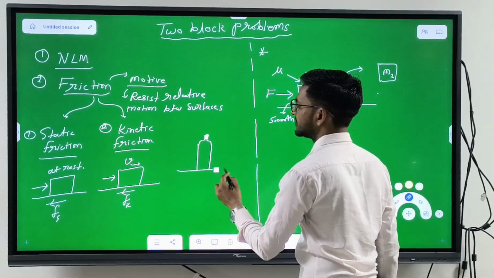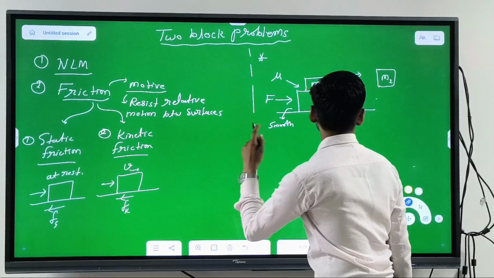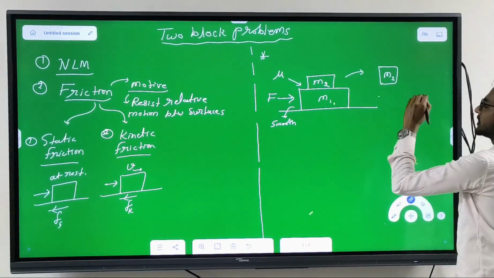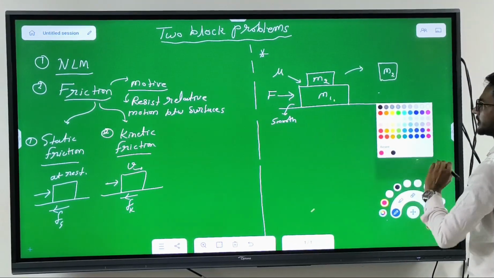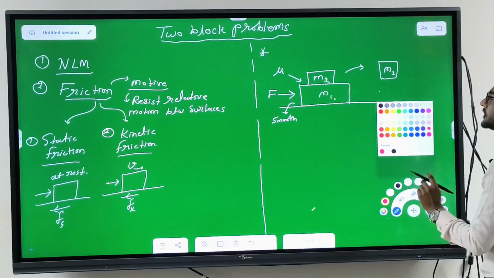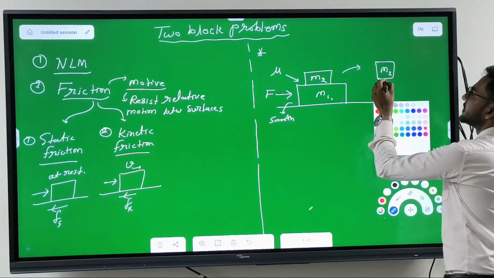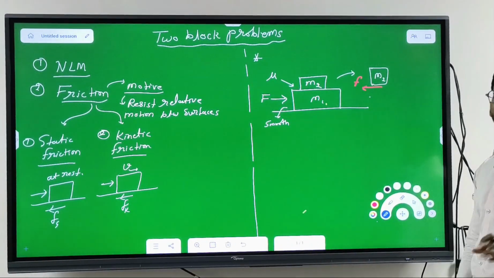If we draw the free body diagram of block M2, there is only one force acting on it. What is that force? It is a frictional force. What is the direction of the friction force on the M2 block? It is very clear.